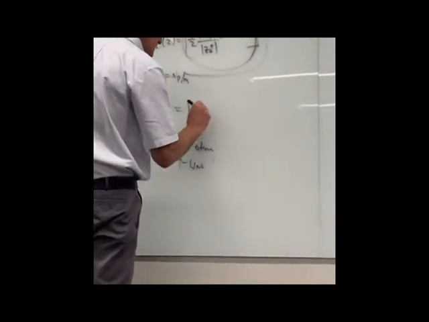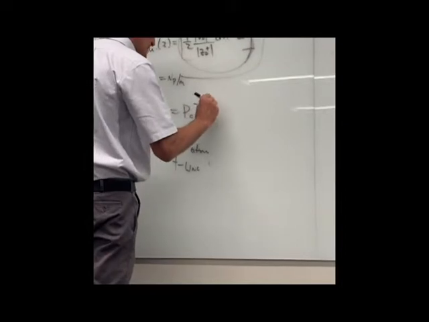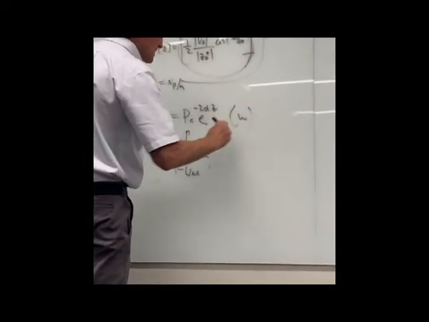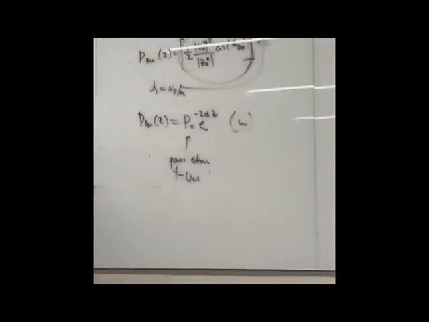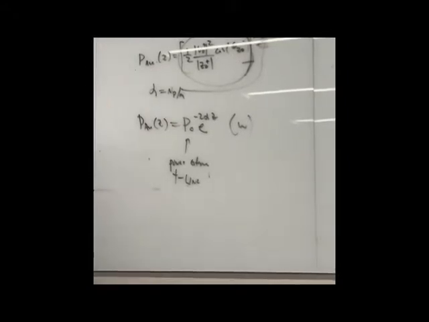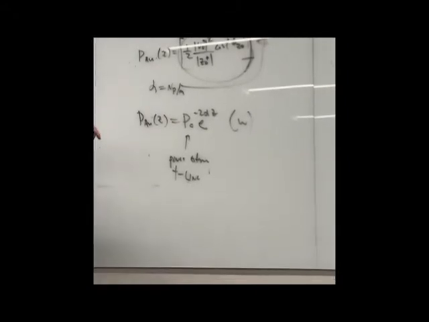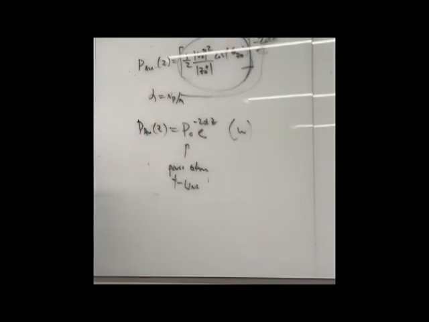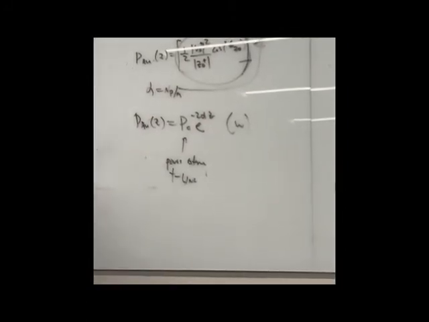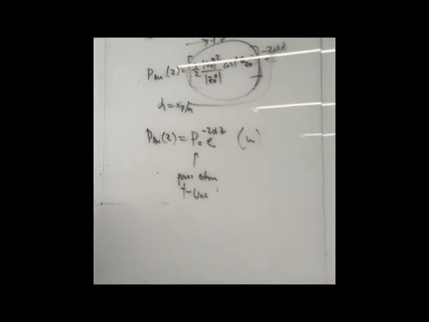And then it's times e to the minus 2 alpha z. That would be in watts. So that's how much power is still flowing down the line versus z. And you can see for any finite value of alpha, the further down the line you go, the less power is available that keeps flowing. You all see that, class?